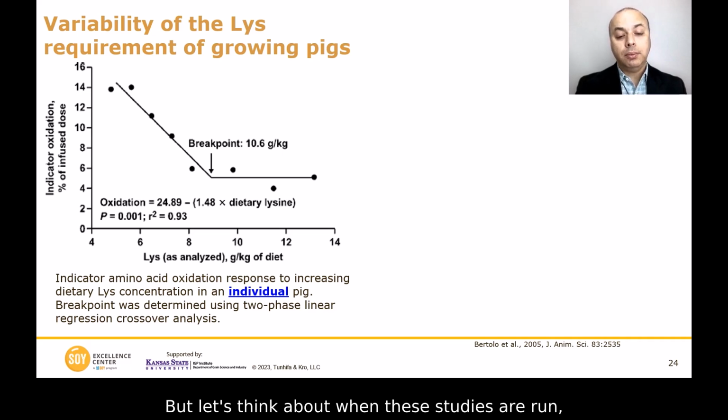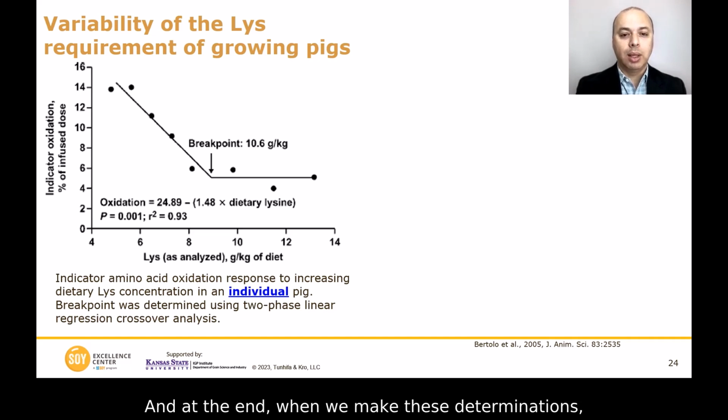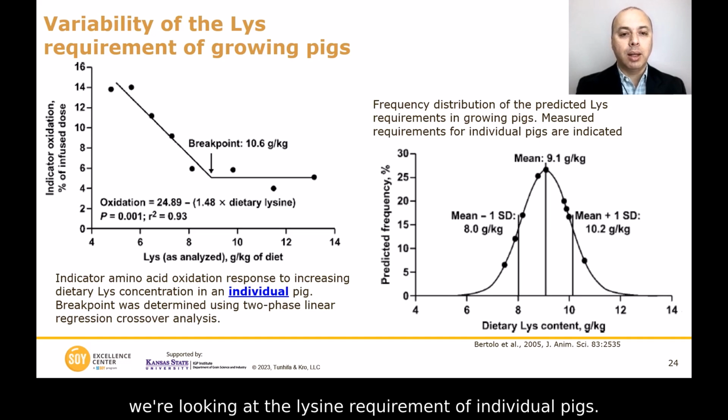But let's think about that when these studies are run, they are not run with one pig or two pigs. They are run with several pigs. And at the end, when we make these determinations, we're talking about averages, the average of a group of pigs. In this other graph, what we're looking at is the lysine requirement of individual pigs.